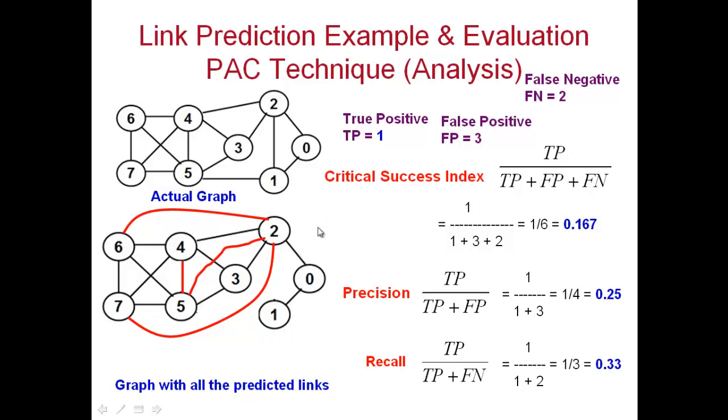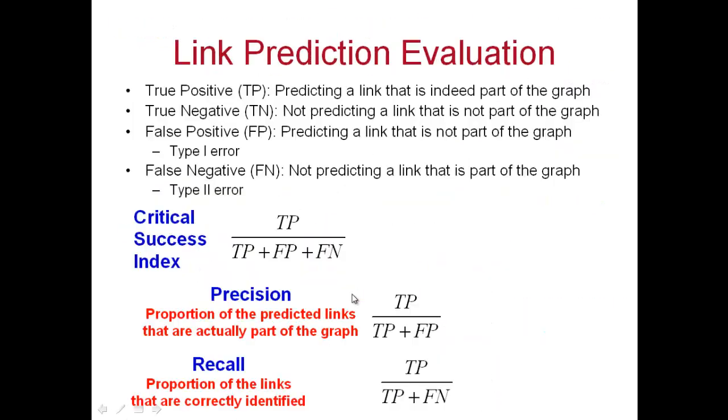Once we know how to measure these measures, especially in our case the true positives, false positives and false negatives, we can come up with these performance metrics. They do not involve true negatives, which we typically don't use.